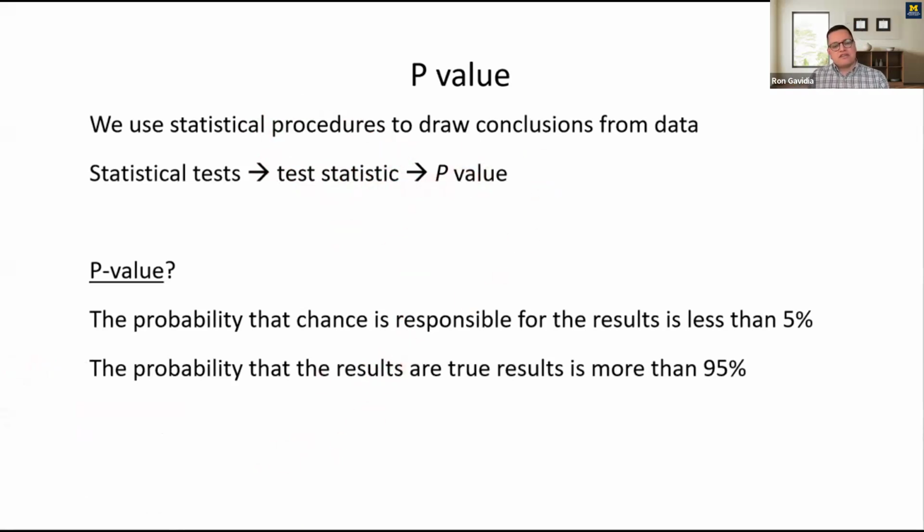The p-value is a probability, but what exactly is it? Some people may say that the p-value is the probability that chance is responsible for the results in less than 5%, or the probability that the results are true in more than 95%. So for the fellows, which of these two options do you think is the right one? I'd say the chance of the results is less than 5%, so the first one.